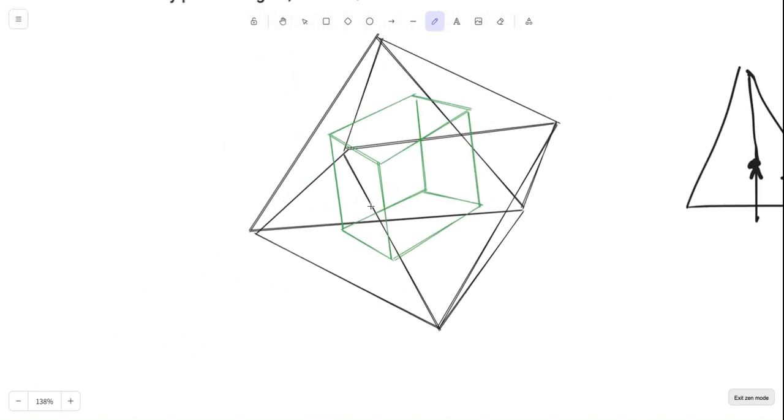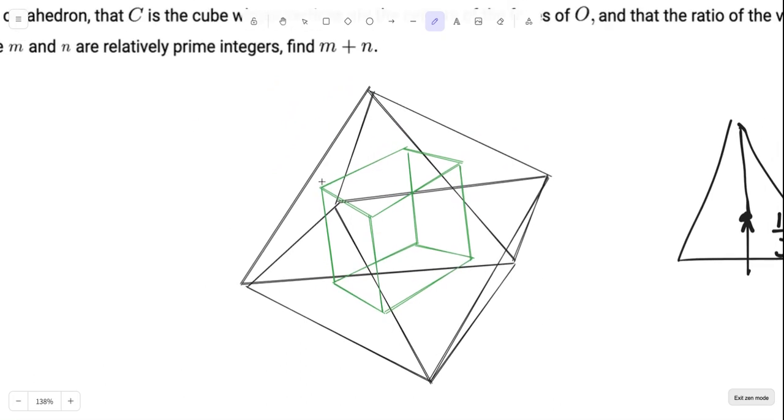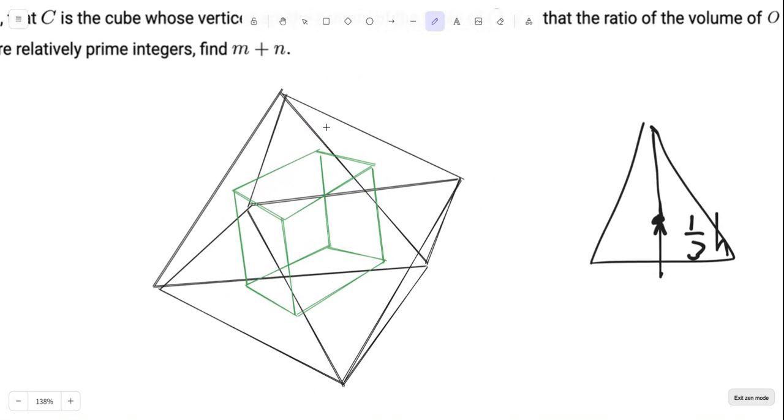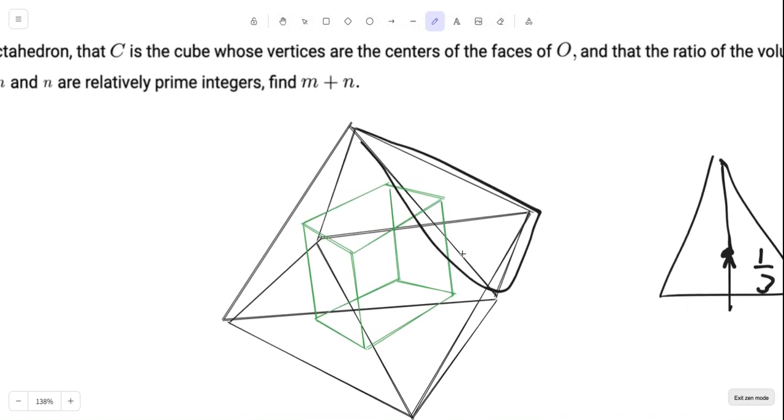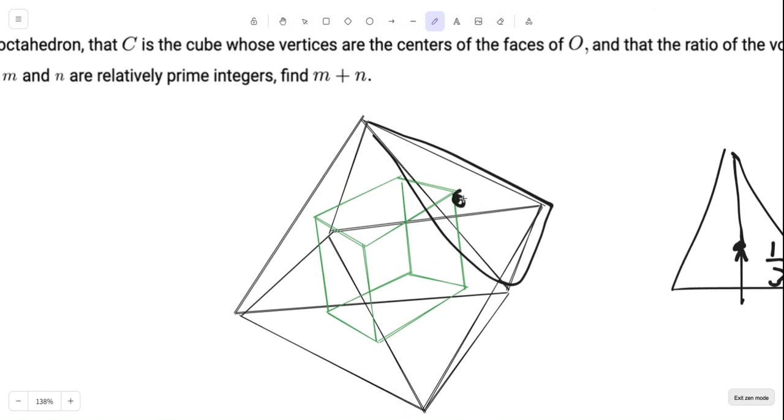So like for this face on the top on the right side, the center is going to be 1/3 of the way to the top. By similarity, it's going to be 1/3 of the height up as well.